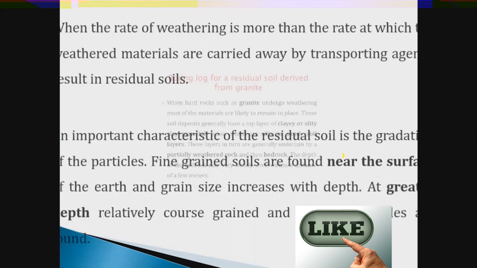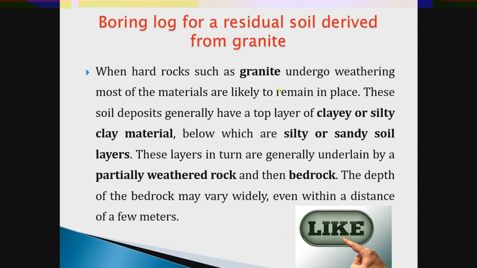I'm giving you an example of the weathering of a granite rock. When granite undergoes weathering, it results in clay or silty clay material, silty or sandy soil, the partially decomposed granite, and at the bottom there will be bedrock.